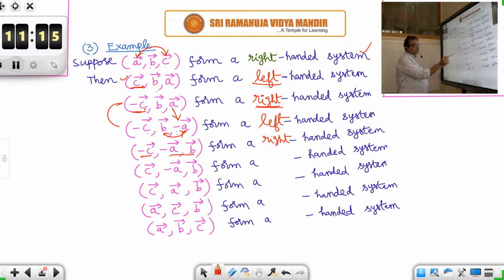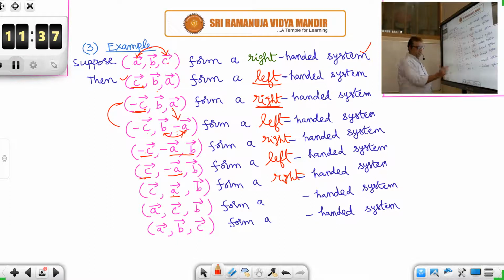Minus C bar is replaced by plus C bar. The remaining two are the same. So the system will change again. So it is a left-handed system. Next, minus A bar I am replacing by A bar. I have changed the sign of only one vector, therefore left-handed will become right-handed.